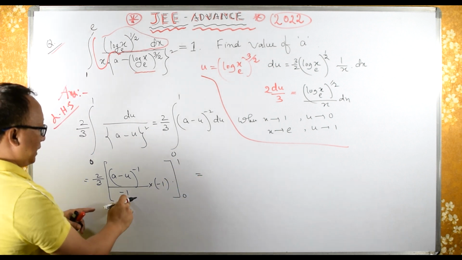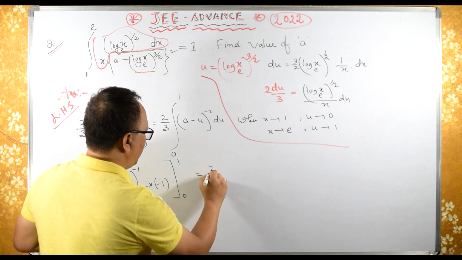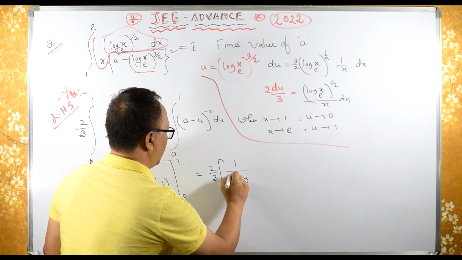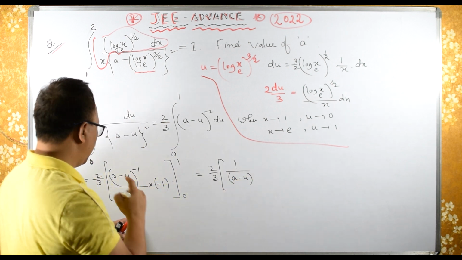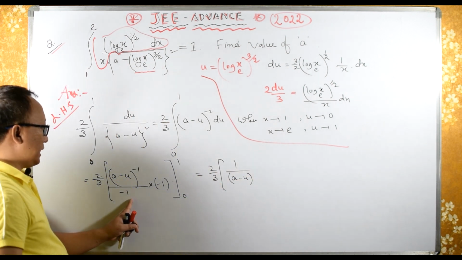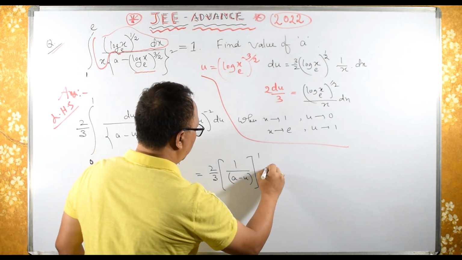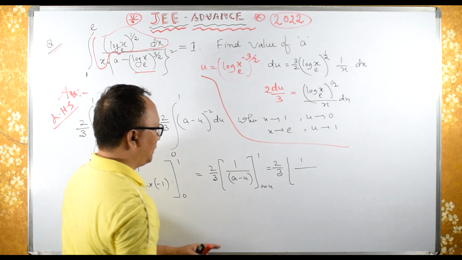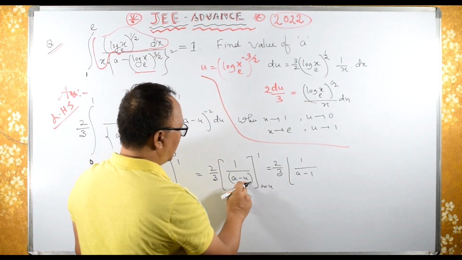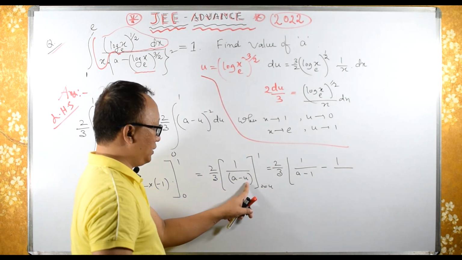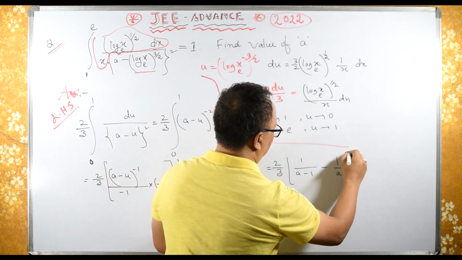So this minus and minus get cancelled. So we have 2 by 3, 1 upon a minus u. Let's substitute from 0 to 1: 1 upon a minus 1, upper limit, minus lower limit, where u is 0, here a.